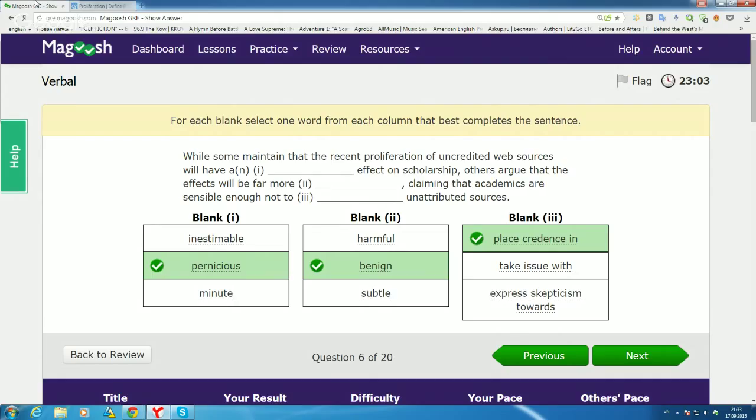Claiming that academics are sensible enough not to blank unattributed sources. What kind of word do we need here? Do you understand this section? Yes. Explain it to me.